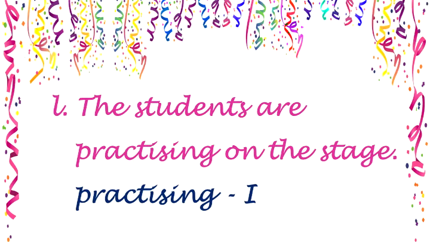If you ask the students are practicing what, do you get any answer? No. On the stage gives us the answer of the question where. So do not get confused with this part. Alright? Yes. And practicing becomes our intransitive verb. Okay? Because we don't have any object that answers to the question what.